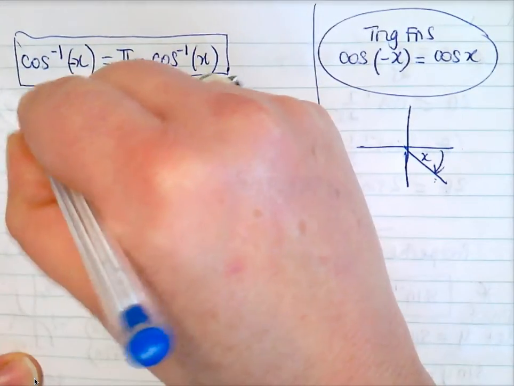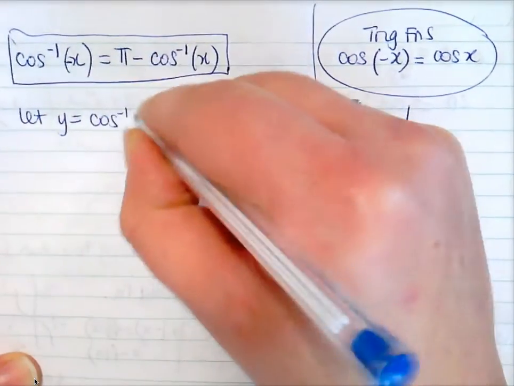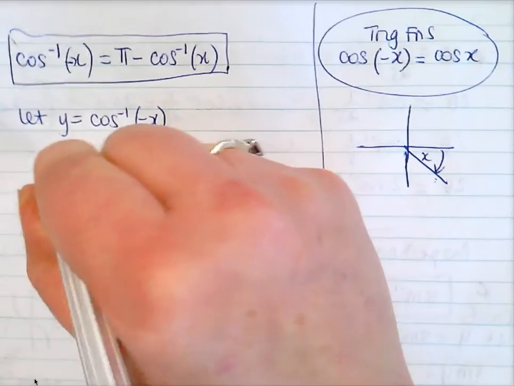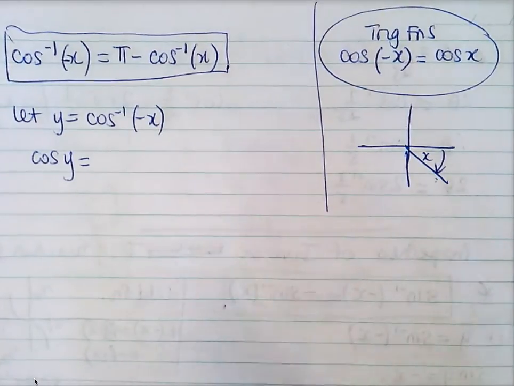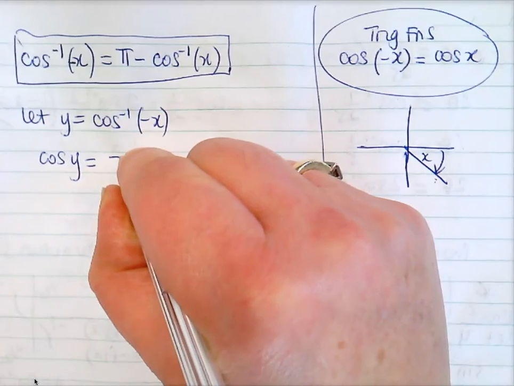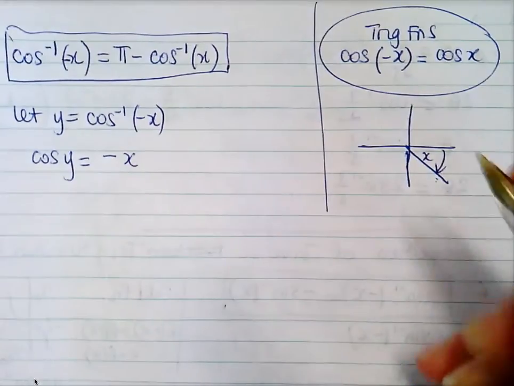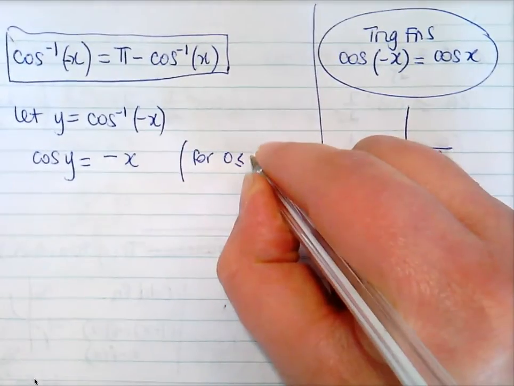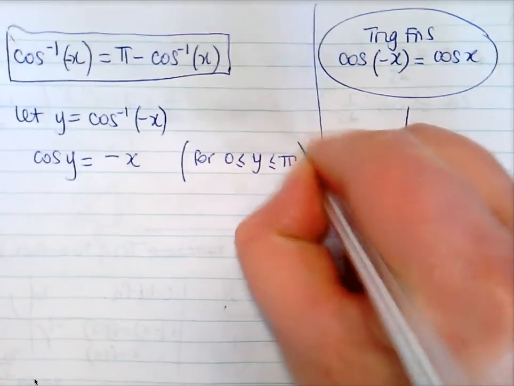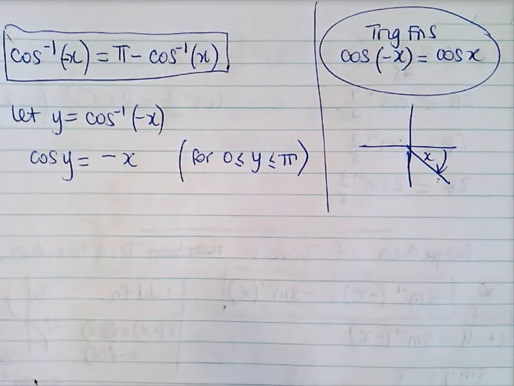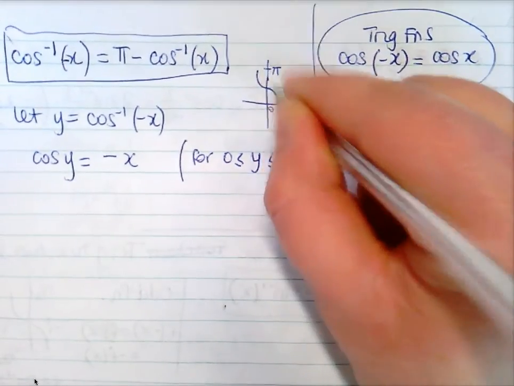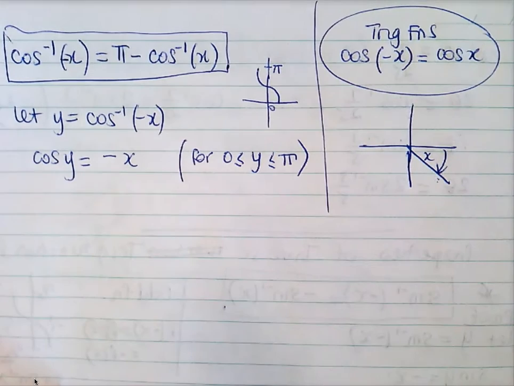All right, let's start. Let y equal the inverse cos of negative x. What's next? cos of y equals negative x. Of course, this is for 0 less than or equal to y less than or equal to pi, for y lying between that, because that's what an inverse cosine function looks like, between 0 and pi.